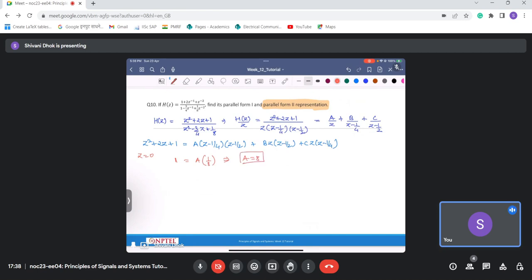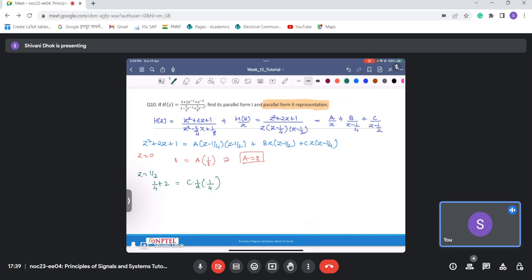The next thing that we have is, let's say this z is equal to 1 by 2. In that situation, what we have is 1 by 4 plus 2 is equal to, this goes to 0, I have c into 1 by 2 into 1 by 4.